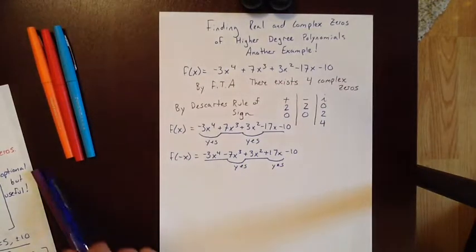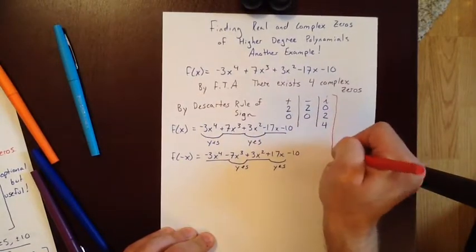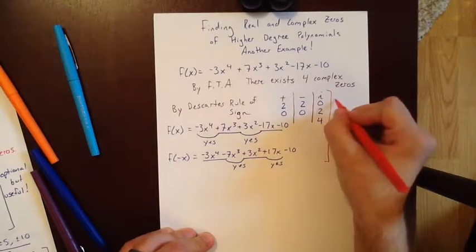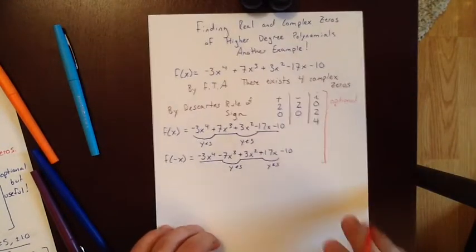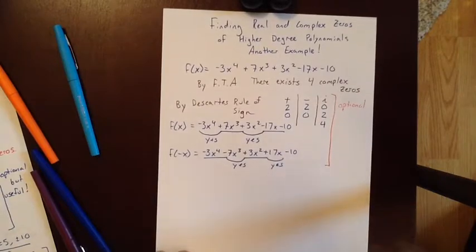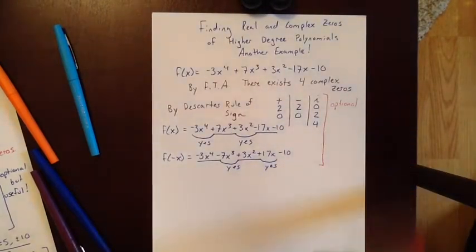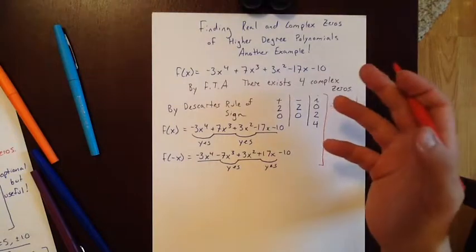And before we continue, I want to say this. This step, using Descartes' rule of sign, is optional. We don't technically need to do this step. But what it does tell us is what kind of zeros exist in the polynomial.